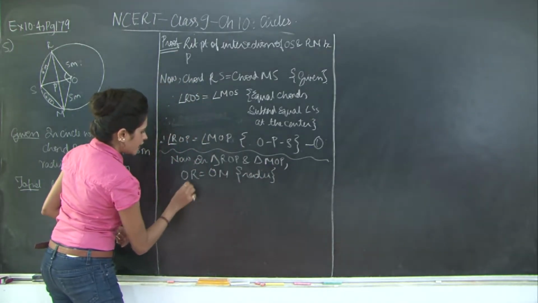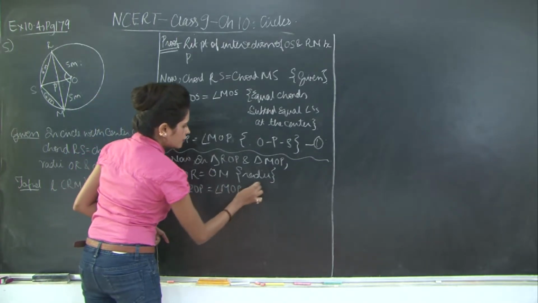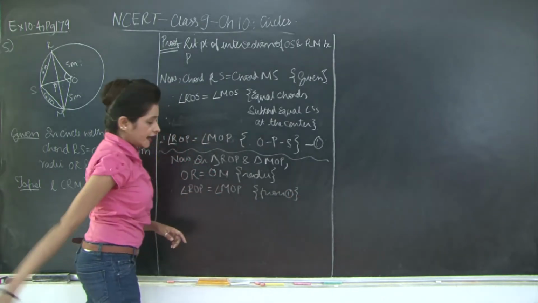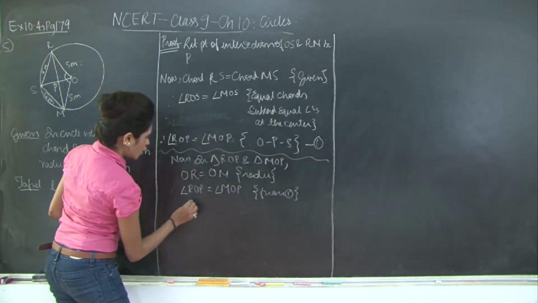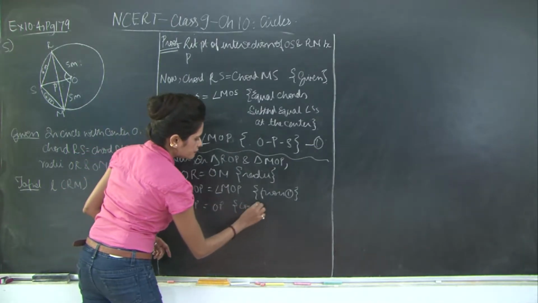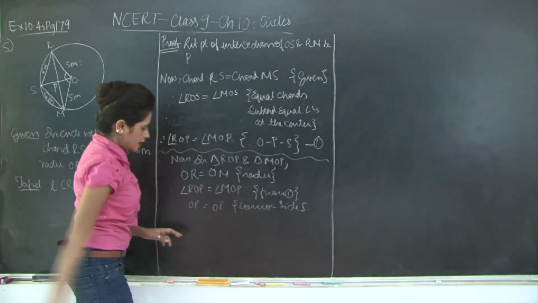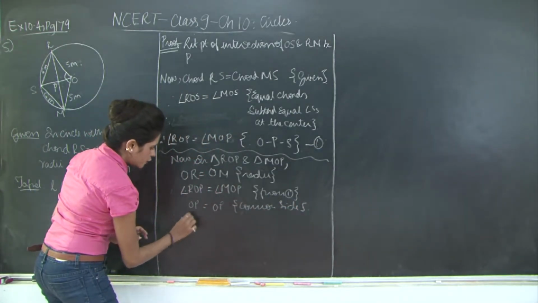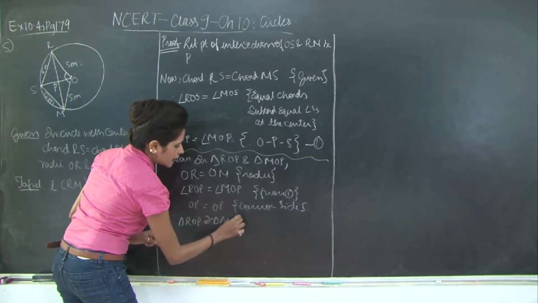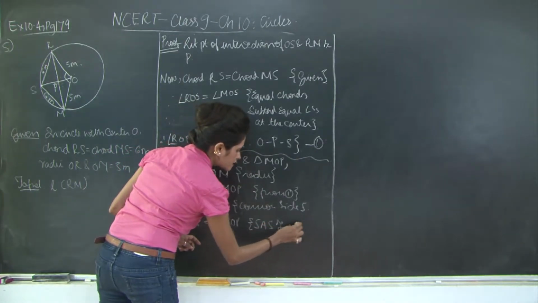Then you have angle ROP is equal to angle MOP from 1. And also you have OP is equal to OP, it's the common side. Therefore, triangle ROP is congruent to triangle MOP by the side angle side or SAS test of congruence.